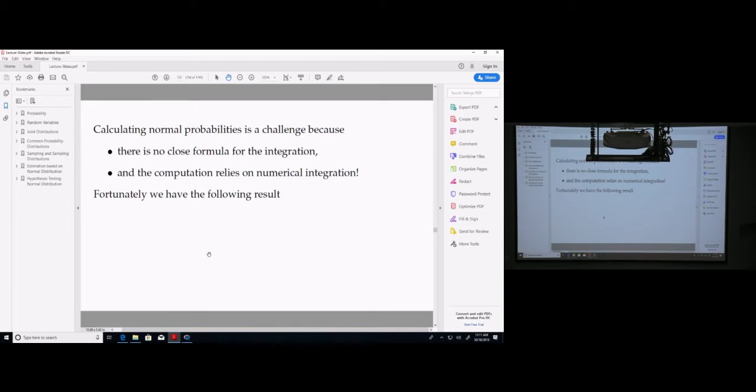We have to use a table, and it's only accurate up to 4 decimal places, and only for selected values. But there is good news about the normal distribution, because if you imagine you have to have a table for a given choice of mu and a given choice of sigma, then you will have many tables you need.